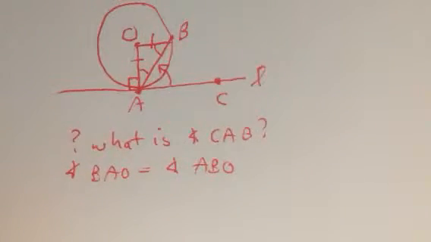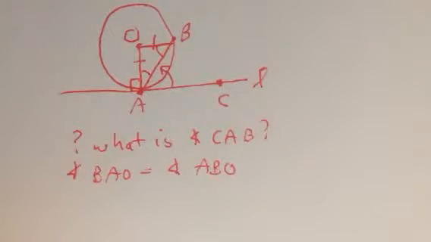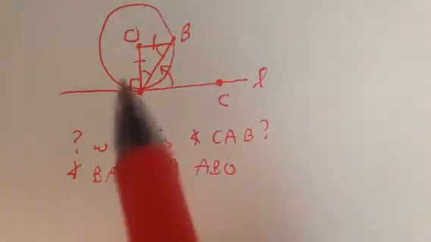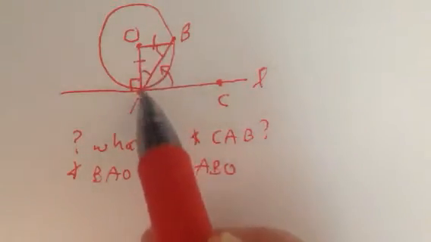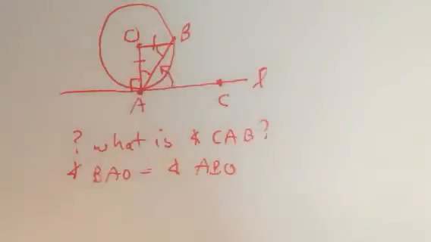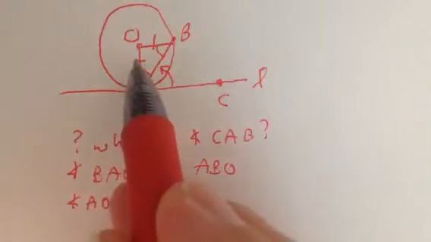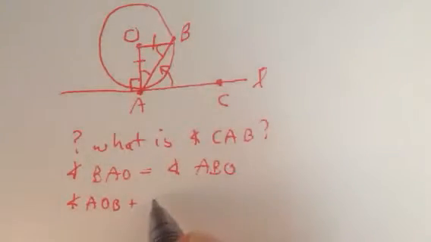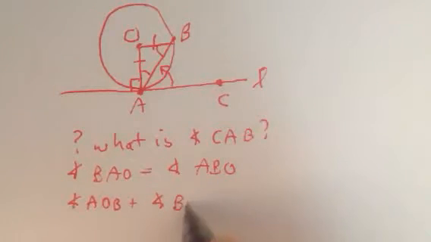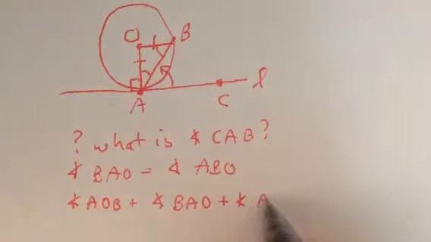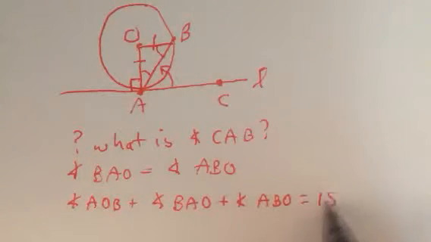Well, we know that the angles of a triangle add up to 180 degrees. So we know that the angles of this isosceles triangle have got to add up to 180 degrees. So let's start adding up those angles. So we have angle AOB, which is the central angle, plus angle BAO plus angle ABO, all equal to 180 degrees.